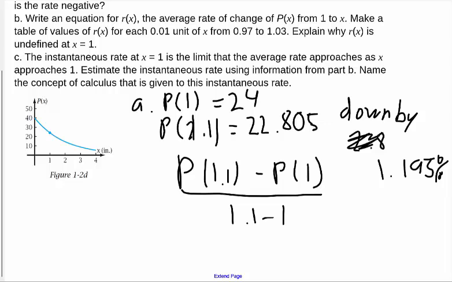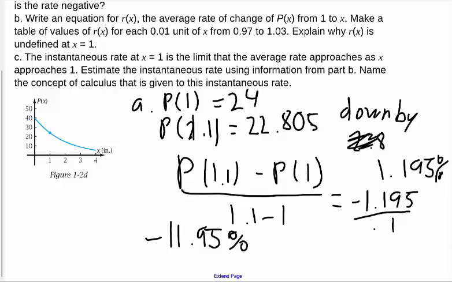So we would get that this is equal to negative 1.195 over 0.1. Now, if we just divide by 0.1, all we have to do is move the decimal point, and we get negative 11.95, and that would be percent per, and let's check our time frame.